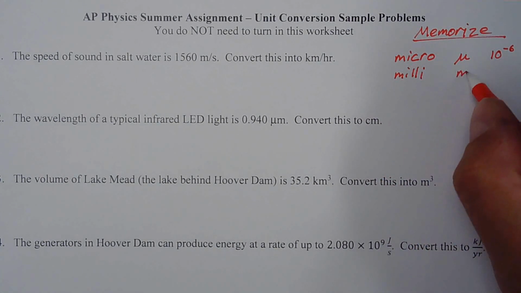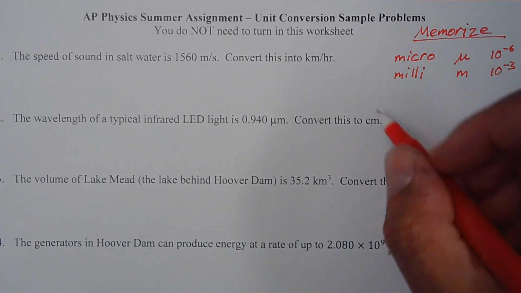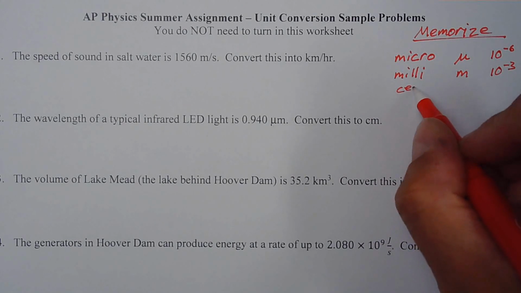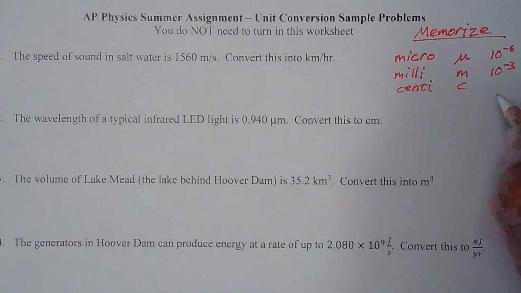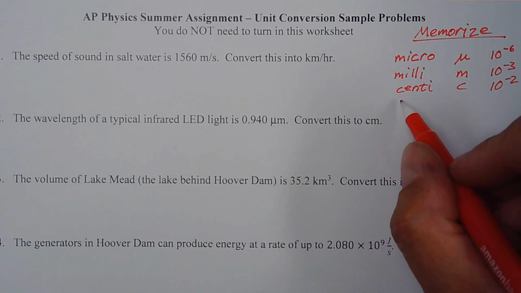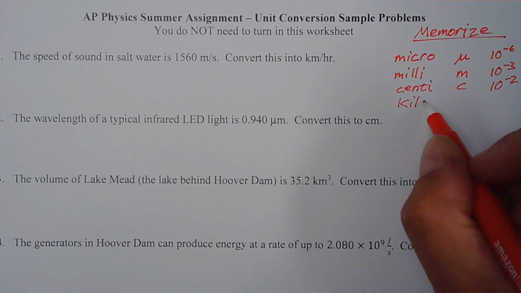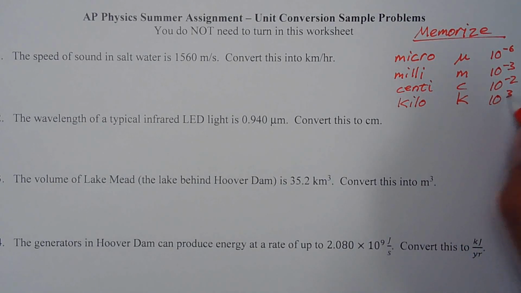Milli, prefix lowercase m, is 10 to the negative 3rd. Centi, abbreviated with a lowercase c, is 10 to the negative 2nd. And kilo, abbreviated with a lowercase k, is 10 to the positive 3rd.